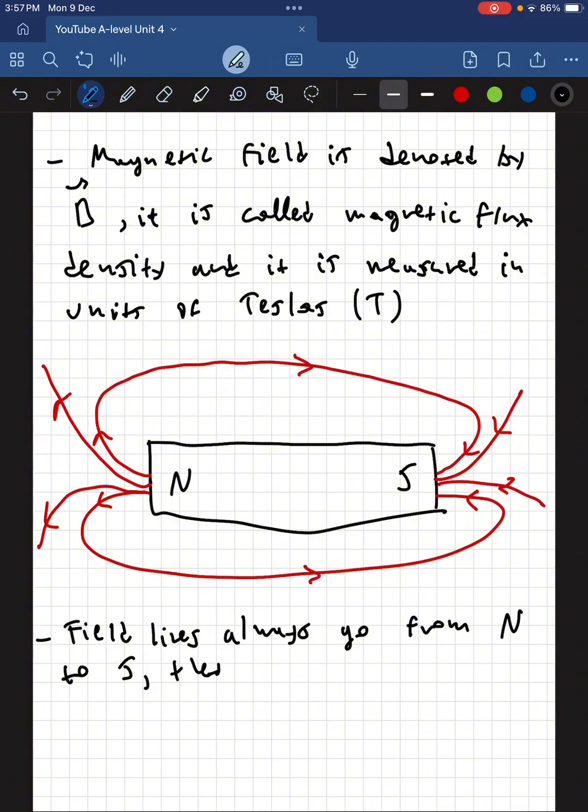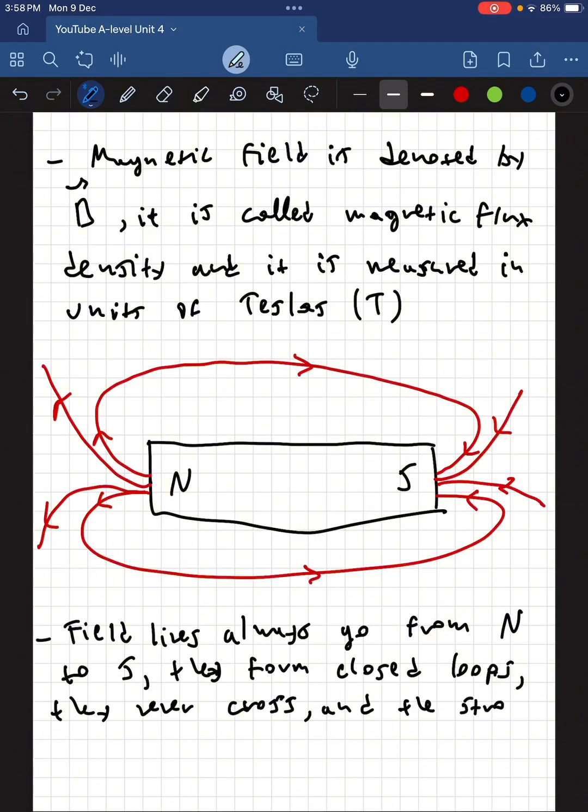They form closed loops. They never cross. And the stronger the field, the denser the lines.